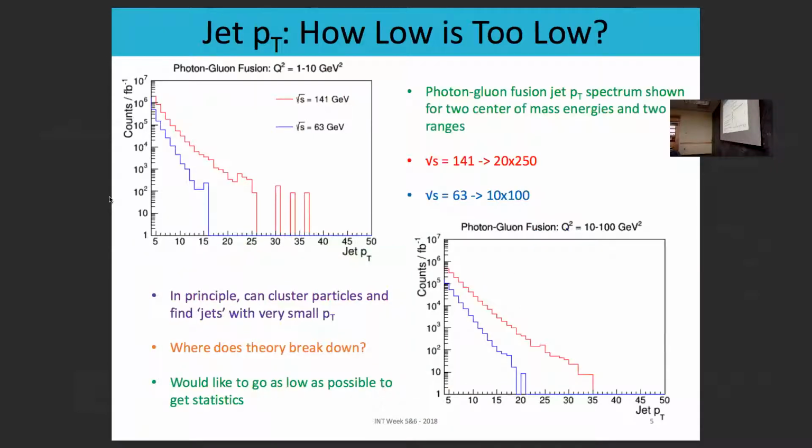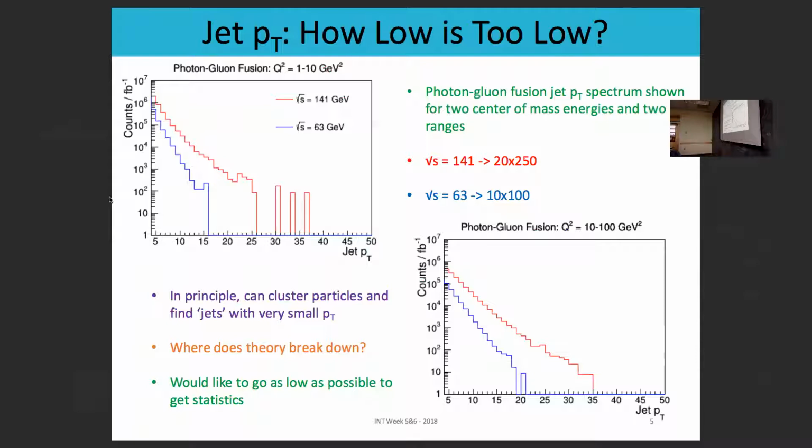So the first thing I want to talk about is maybe the most basic quantity for a jet. It's transverse momentum, and I want to point out that these are going to be soft spectra. So the maximum energy we can expect at an EIC is about 141 GeV center of mass.